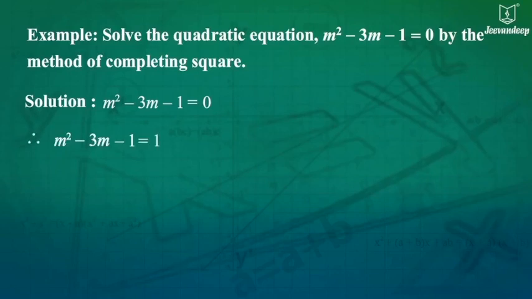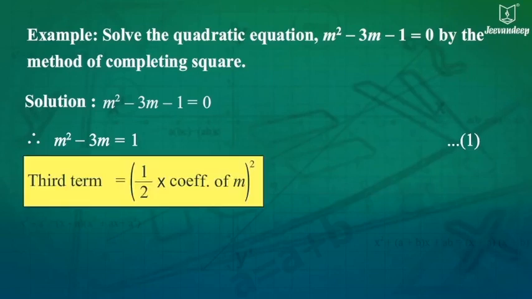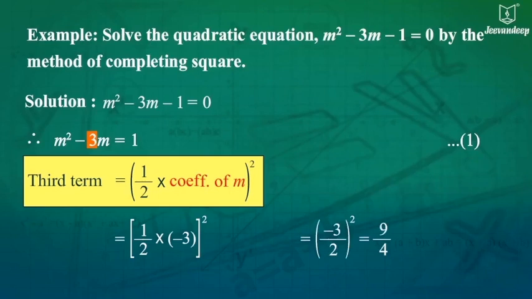Taking the constant term to right hand side, we get m square minus 3m is equal to 1. Equation 1. As third term equals to half of the coefficient of m whole square, we get 9 by 4.